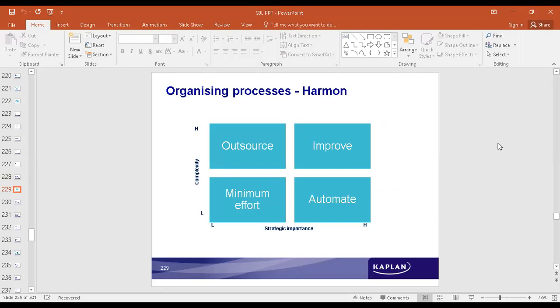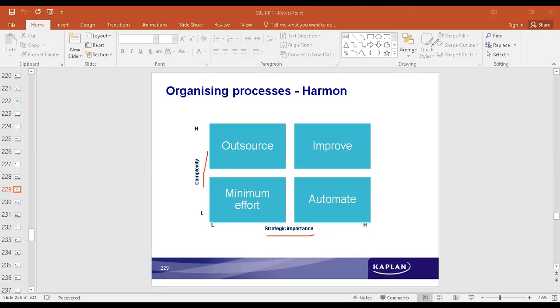Then, organizing processes, the concept is explained by Harmon in a matrix format, where he talks about two variables: whether the activity has strategic importance, and the second variable, complexity, whether it is high or low. Strategic importance also high or low. So he talks about different types of strategies that can be used in dealing with business processes.